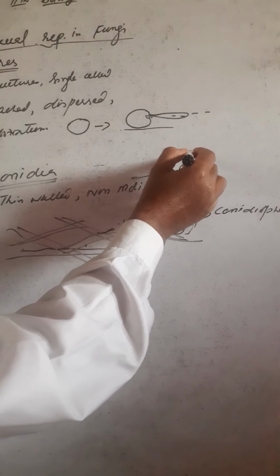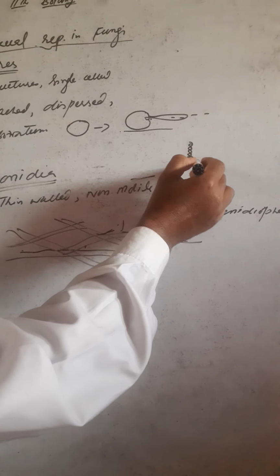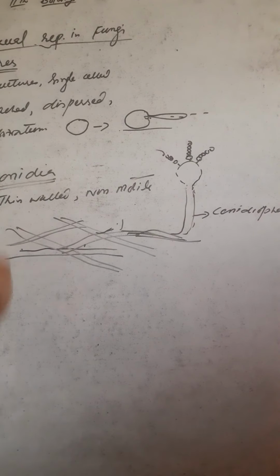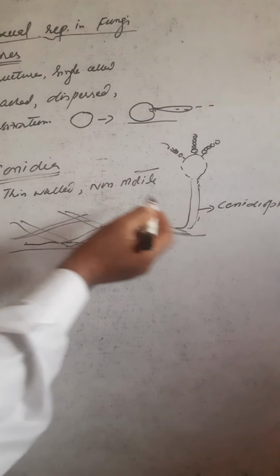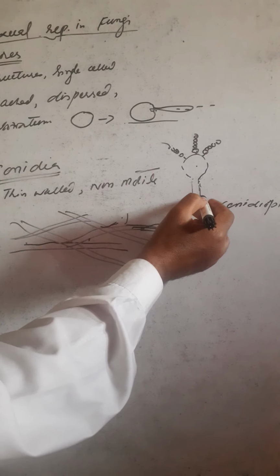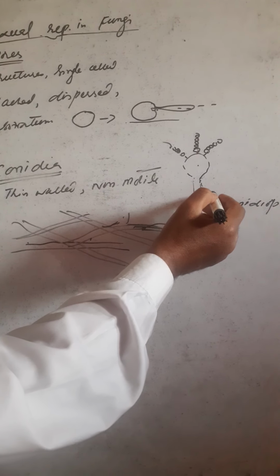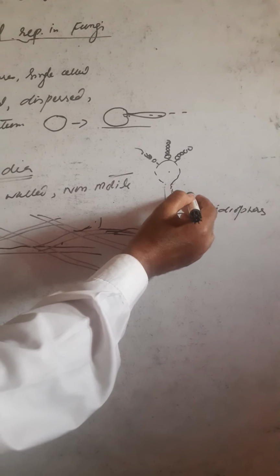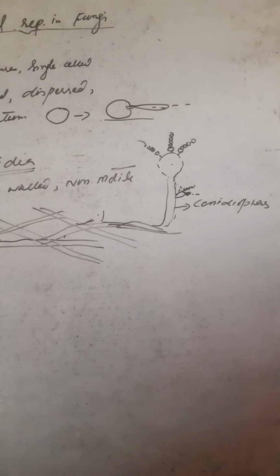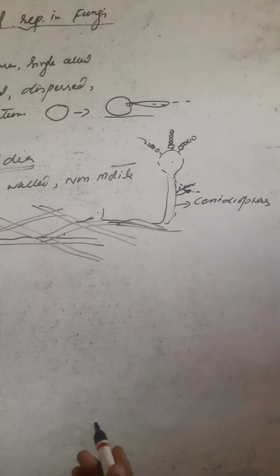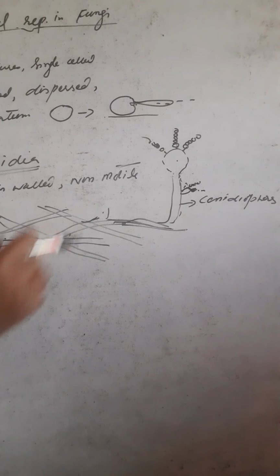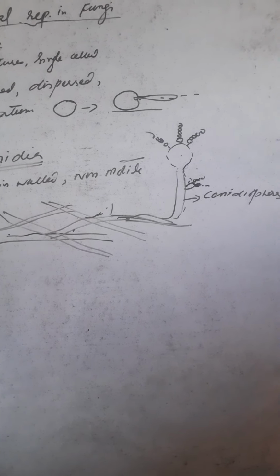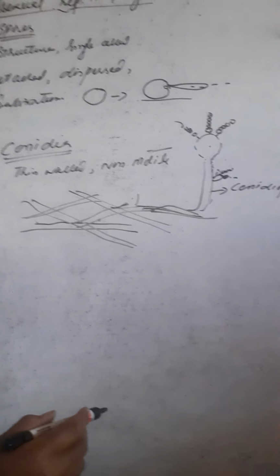They are produced mainly in chains, either terminally or laterally on the main conidiophore. And they are produced exogenously, outside this main structure. So these are the conidia.